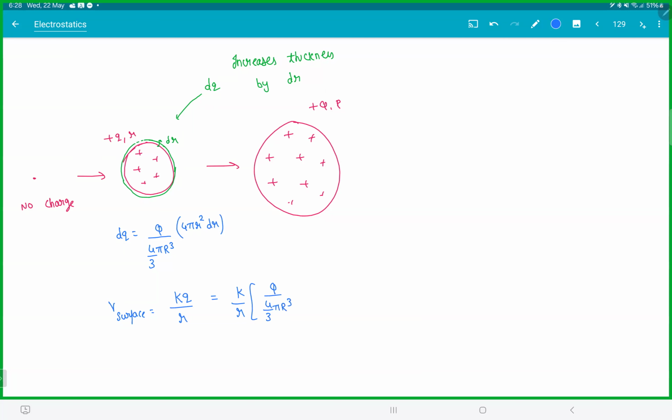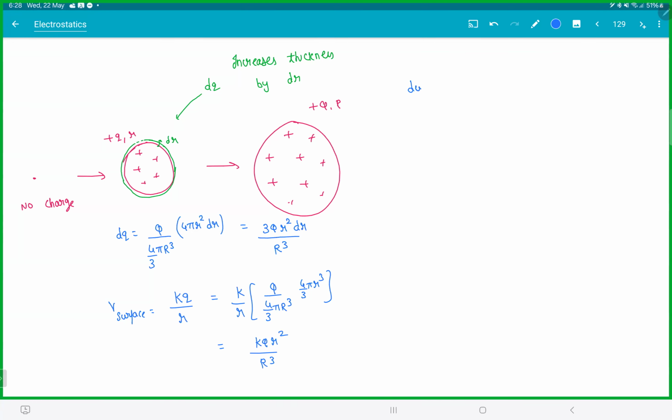Unitary method: 4 by 3 pi capital R cube gives capital Q, so 4 by 3 pi small r cube will be how much? 4 by 3 pi will cancel. You end up with kQ r square by R cube. That is the potential on the surface. And here 4 pi will cancel: 3Q r square dr by R cube.